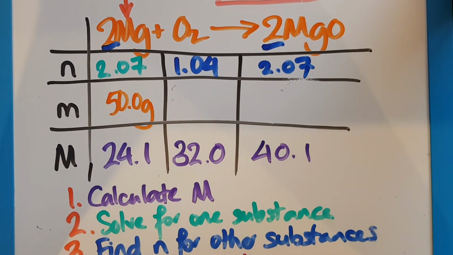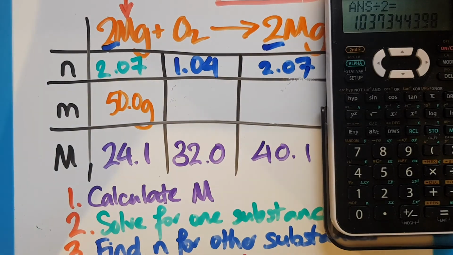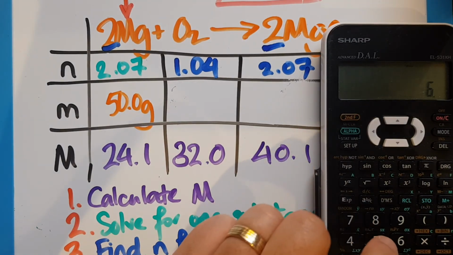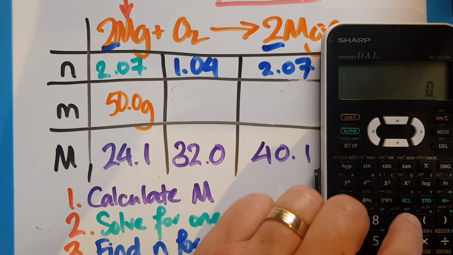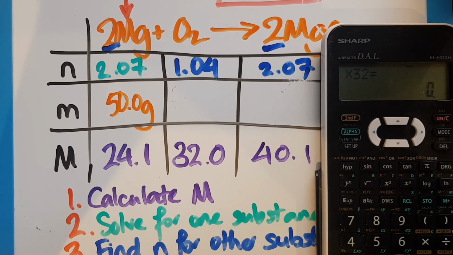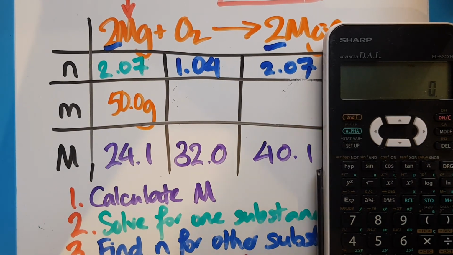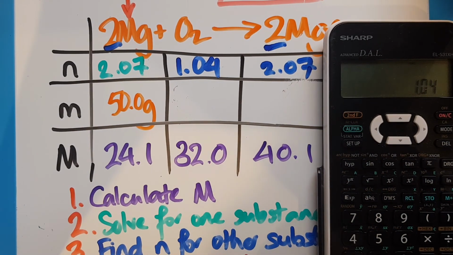I'm going to do my oxygen first, because I've still got that number sitting in my calculator without being rounded off, and go times 32. There we go. That was always going to happen, wasn't it? 1.04 times 32. Okay, and I get 33.28.